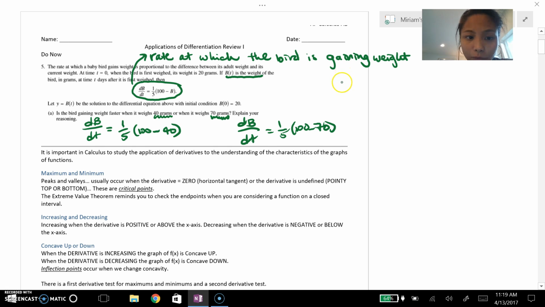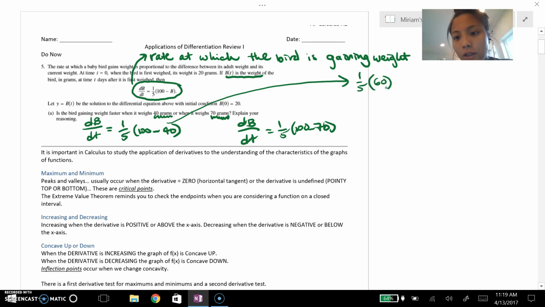So for the first one, I have 1/5 (100 minus 40), which is 60. 60 divided by 5 will give you 12. So for 40, 12 is the rate at which your bird is gaining weight.